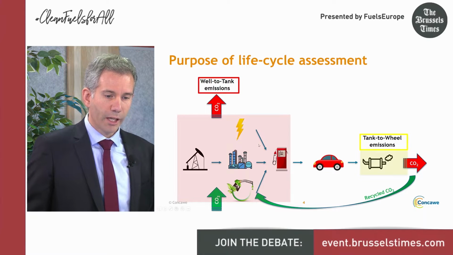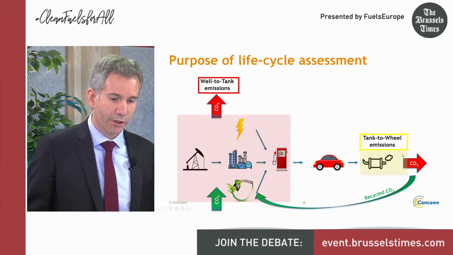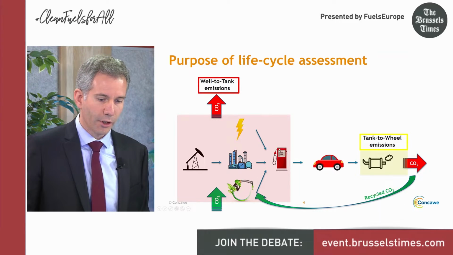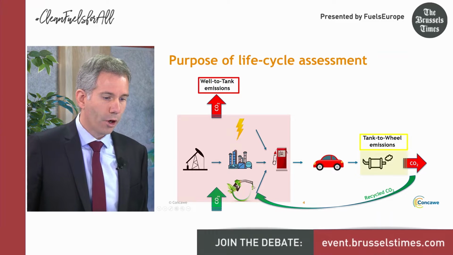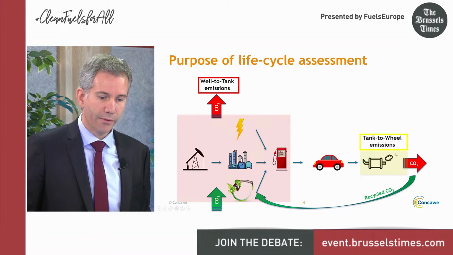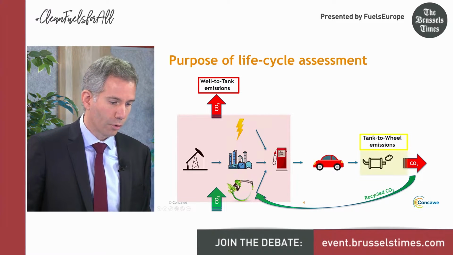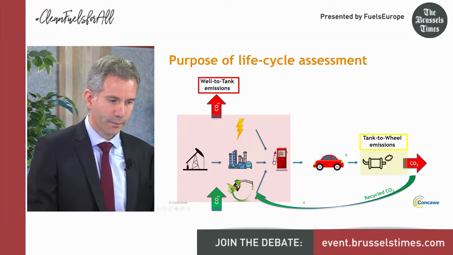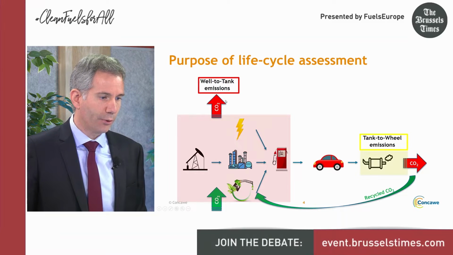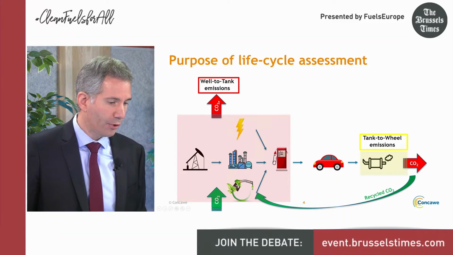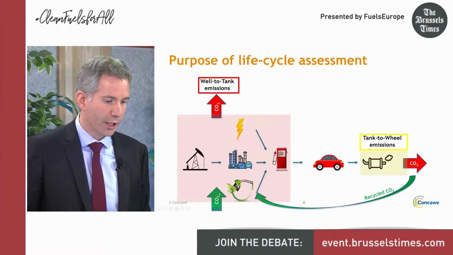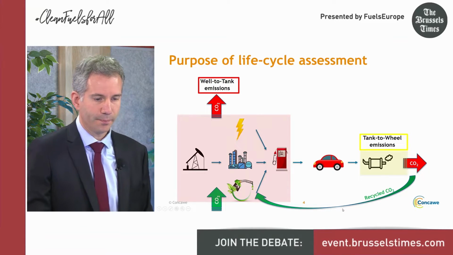So even if you are able to actually measure this CO2 from the tailpipe, this CO2 is part of the cycle, is part of a loop. We call this a recycled CO2. And from a life cycle perspective, this CO2 is neutral. It doesn't count because it enters a loop. And this is the reason why in well-to-tank emissions, you have positive emissions, but you may also have some negative emissions to take into account this loop.